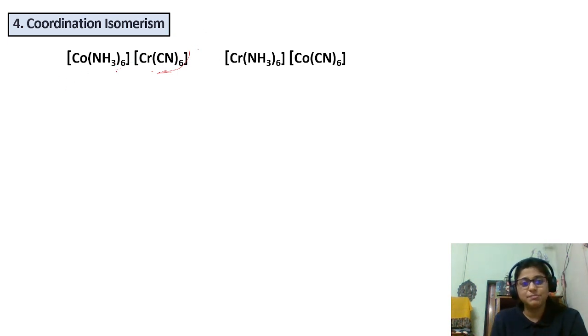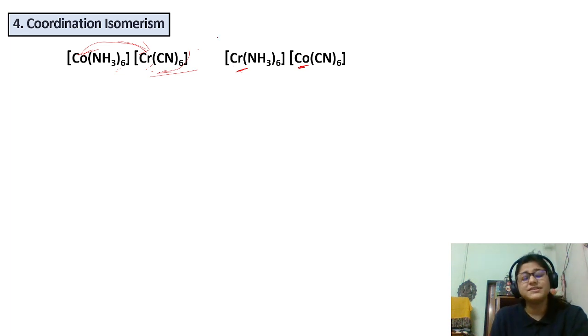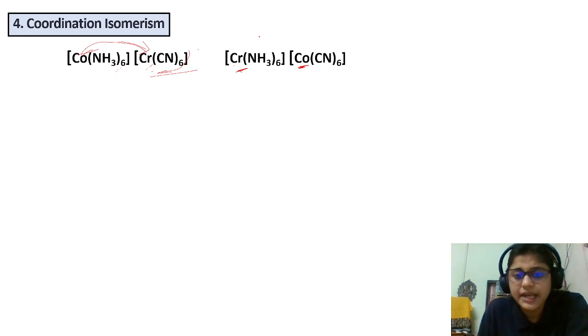This is the positive part, this is the negative part. The only difference is that the metal is exchanged. From this coordination sphere to this coordination sphere, only the metal is exchanged. Here in place of cobalt, chromium is there, and here cobalt is there in place of chromium. So this is called coordination isomerism.